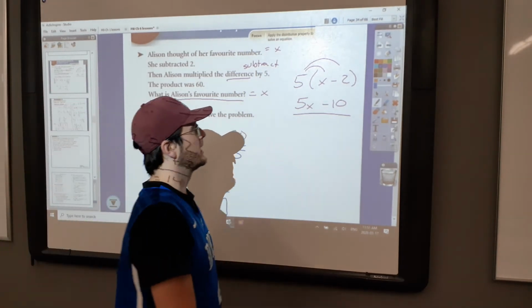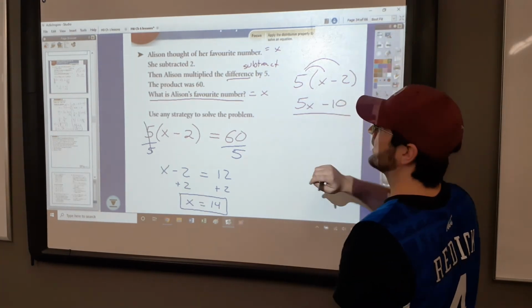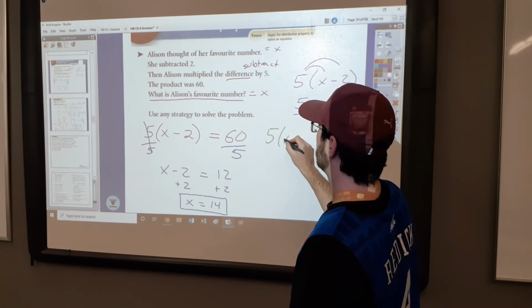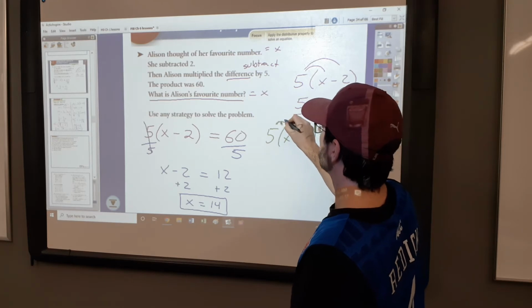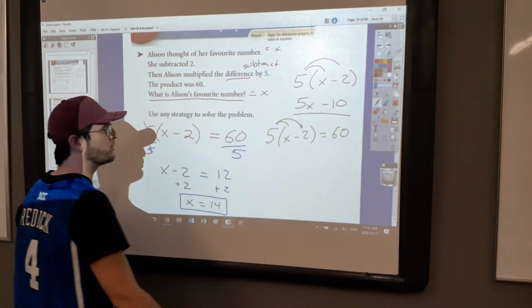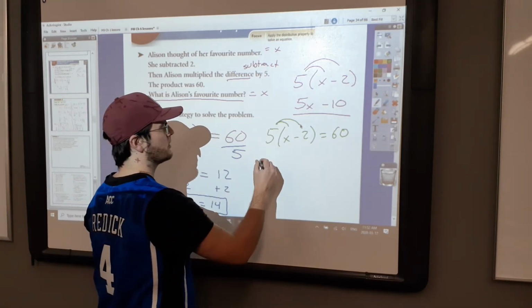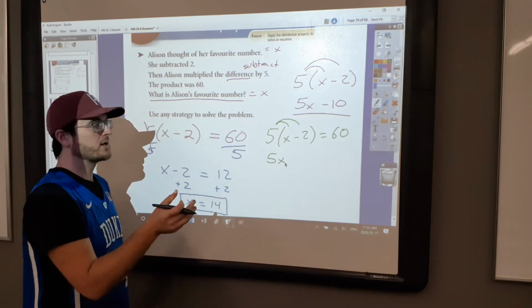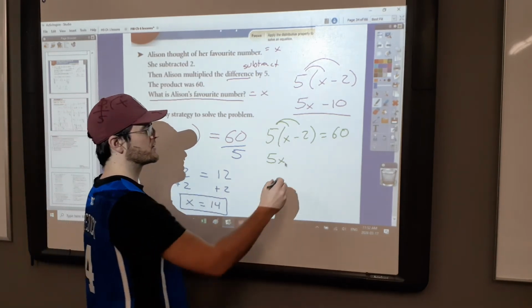Okay, just to show you that we could also do this the original way, 5 times x minus 2 equals 60, we could do the distributive property. Now it's totally preference. You can do whichever way you like. Makes no difference. You'll always be able to get it either way. Just sometimes if you're quick and you recognize you might be able to take an easier way depending on the numbers you're given.